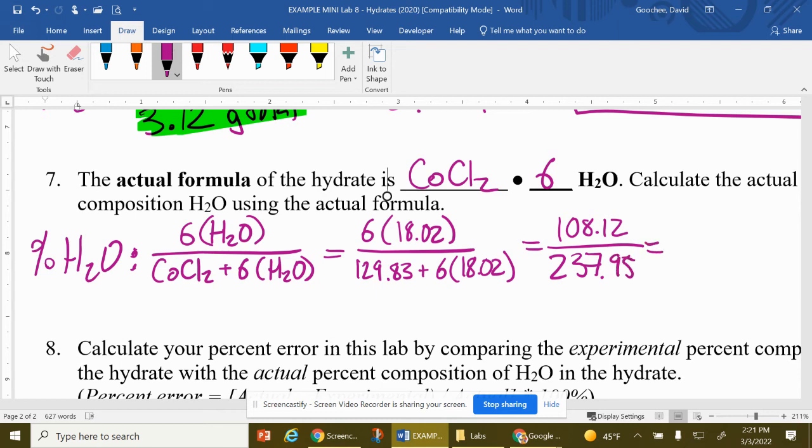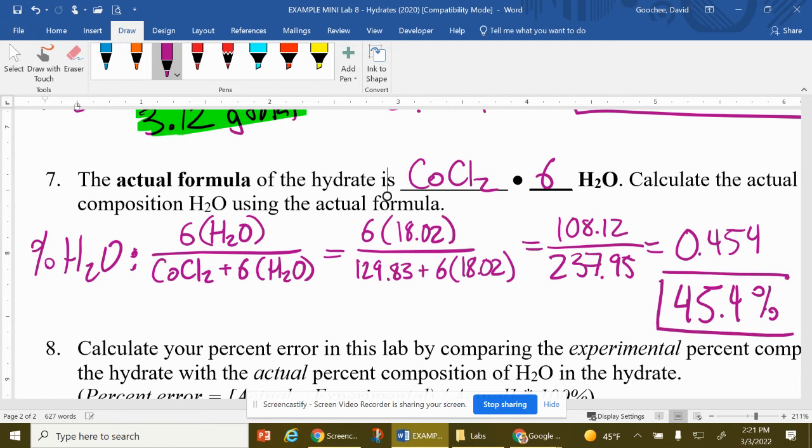So 108.12 divided by 237.95. The actual percentage of water in cobalt 2 chloride hexahydrate is 0.454 or 45.4%.